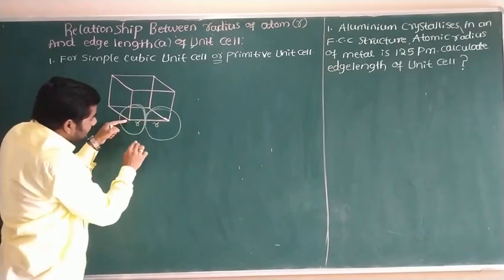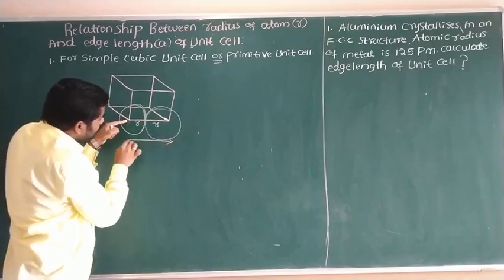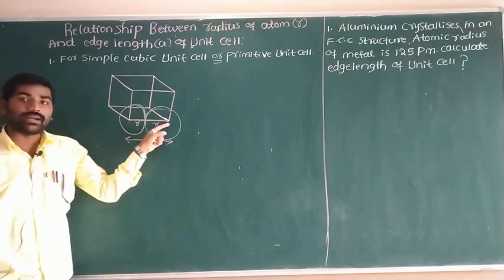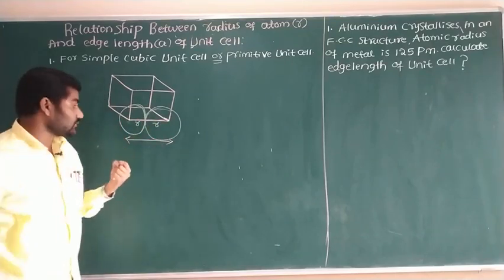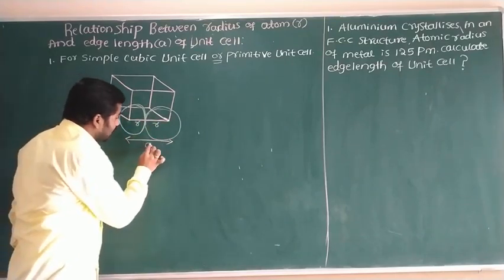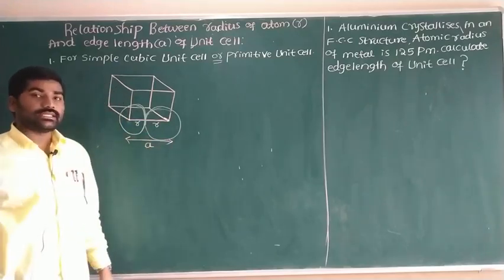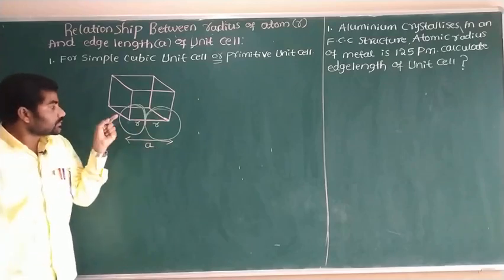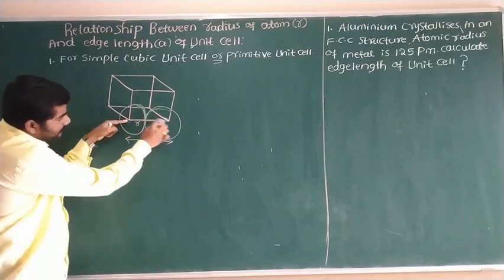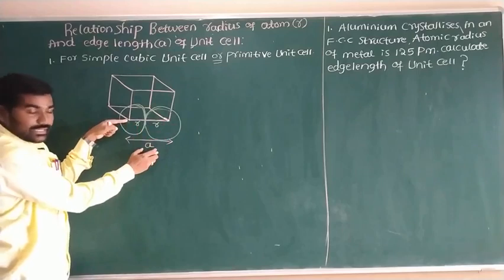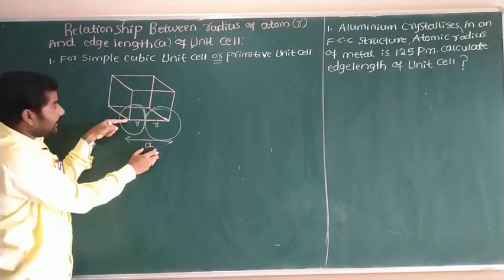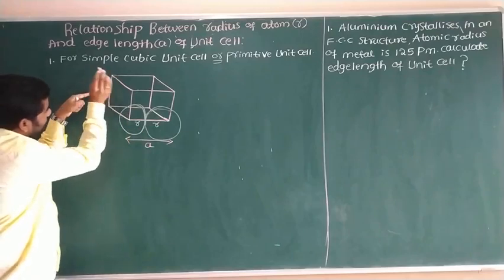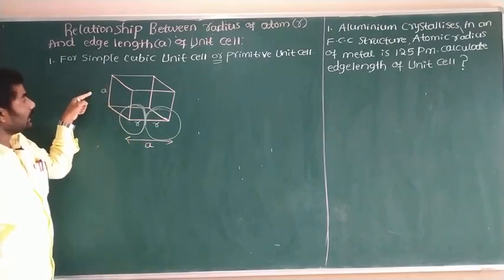The entire distance, that is the distance between two constituent particles in a crystal structure, is called the edge length, and it is denoted as a. So this is one edge of the unit cell, and this edge is called the edge length, denoted as a. Here also this is an edge of the unit cell, called the edge length, denoted as a.